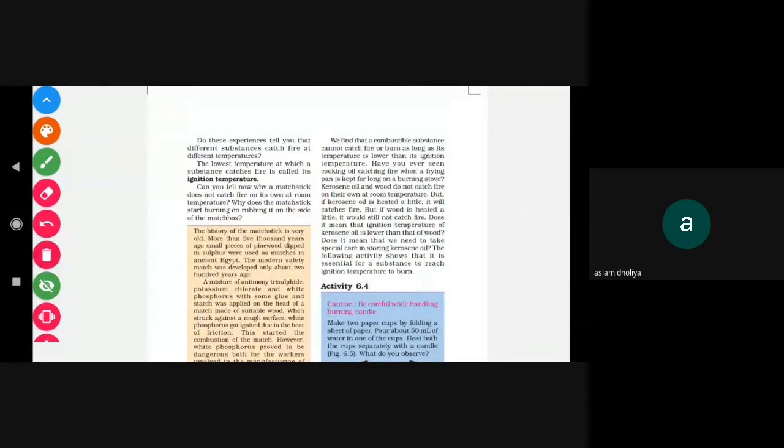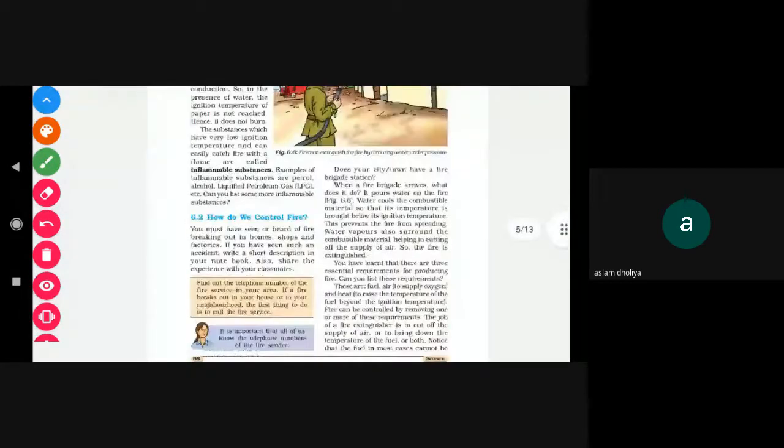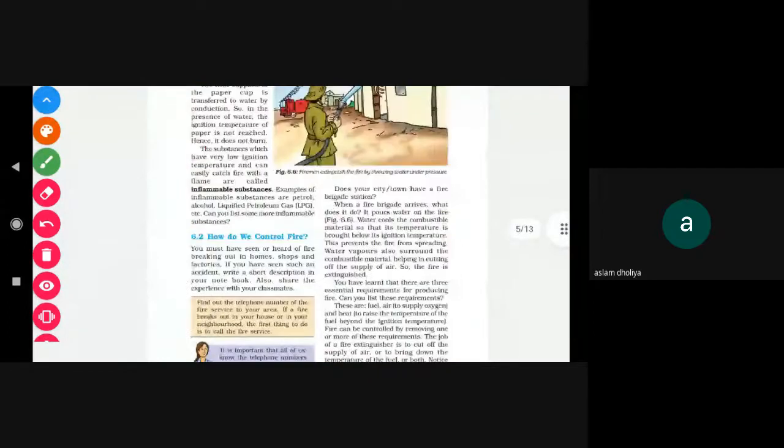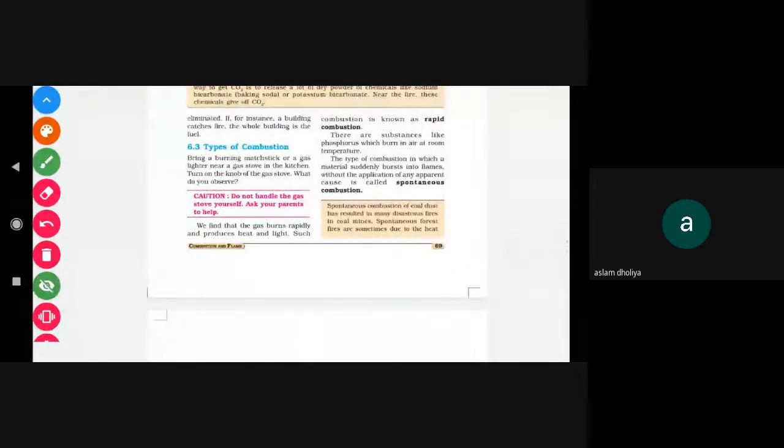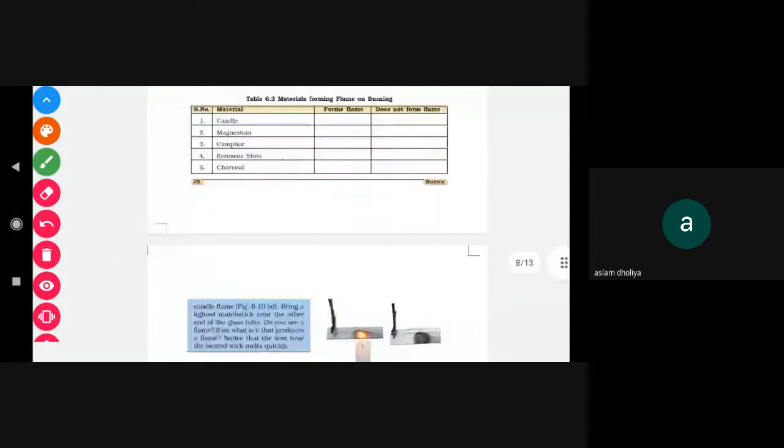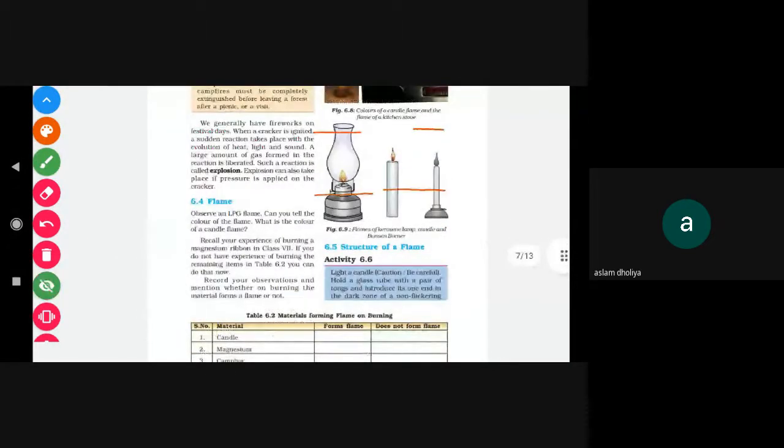Okay, ma'am. Write the definition of ignition temperature. Then you have to write the definition of inflammable substances. Then rapid combustion, spontaneous combustion, and explosion. Understood?